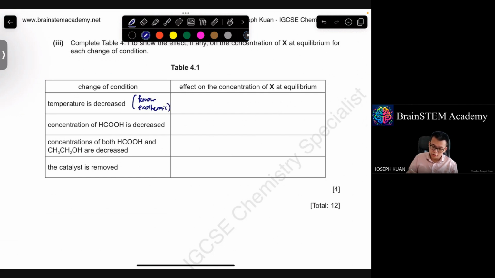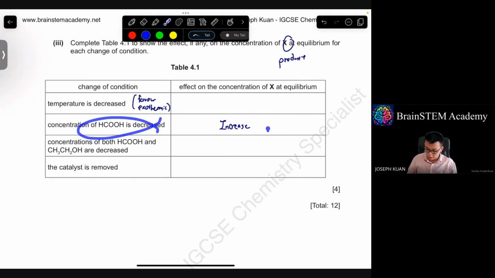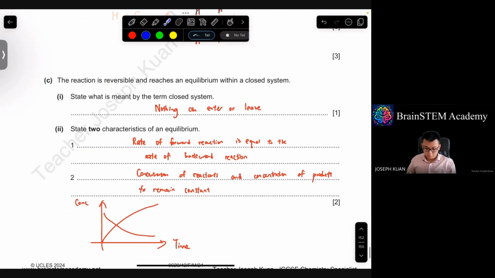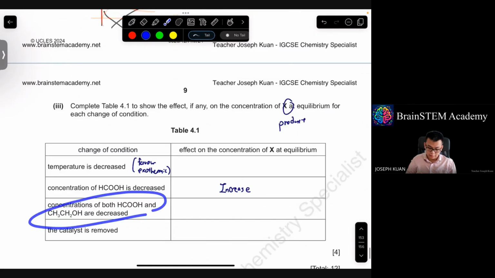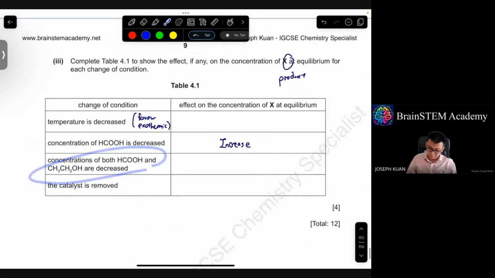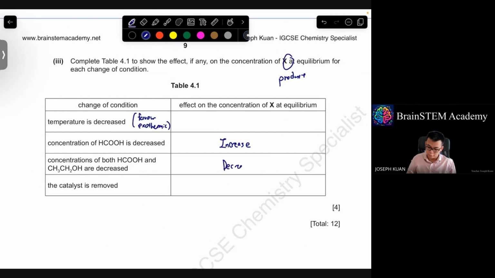This is increasing concentration of reactant, so you will increase product concentration. As X is a product, increasing reactant concentration will lead to an increase in concentration of product at equilibrium. Then concentration of both reactants is increased, so also increases. Wait, pause. Sorry, decrease. So it will decrease the concentration of products.